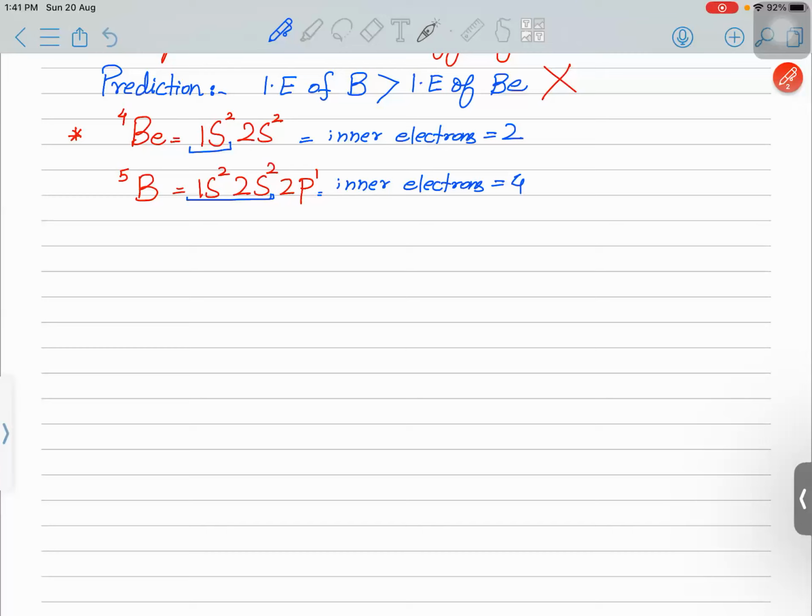So write the statement, right? The valence electrons of beryllium and boron are in 2s and 2p respectively.